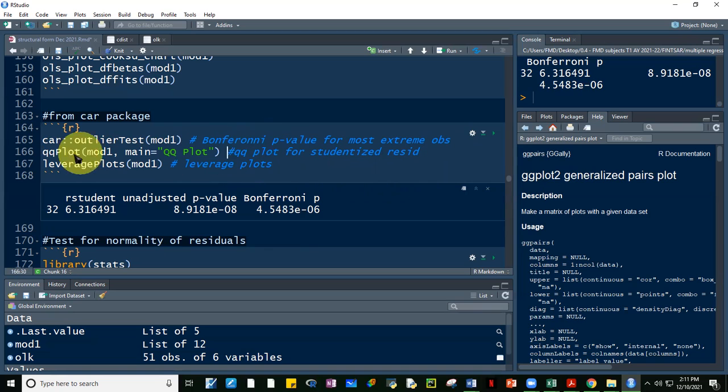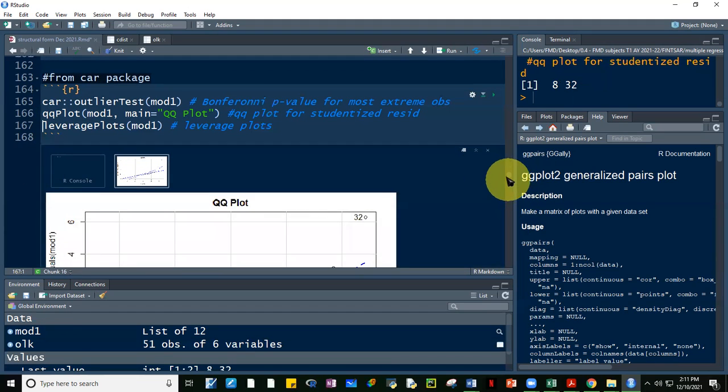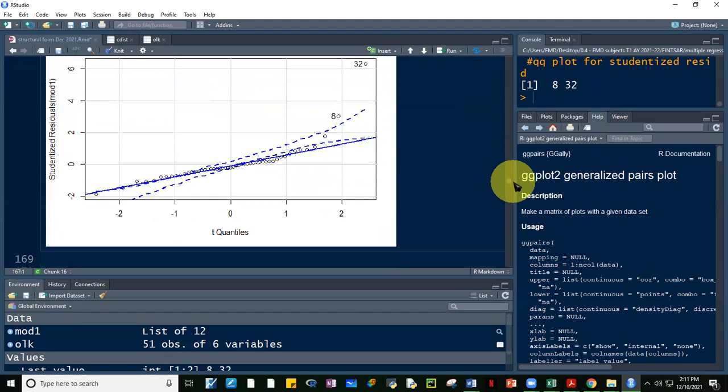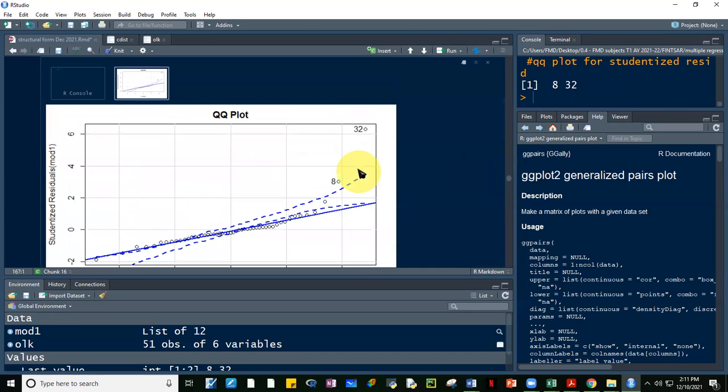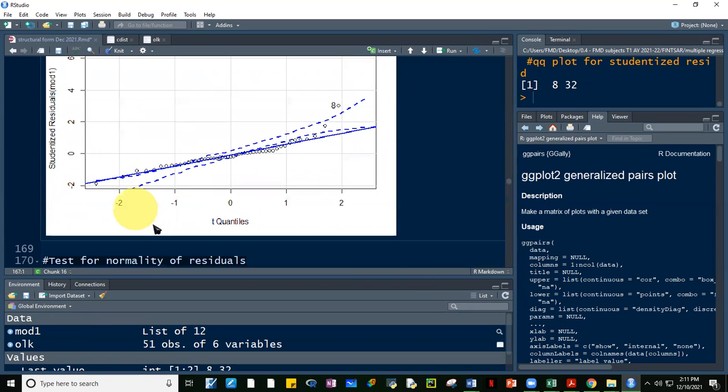Okay, next, the QQ plot, mod 1 and then the name of our model. So this is really observation 32. Observation 32 really stands out, guys. And this is plotting your studentized residuals against the t quantiles.